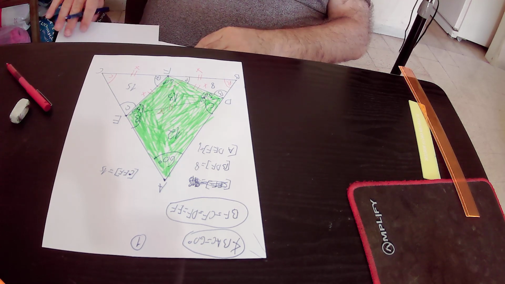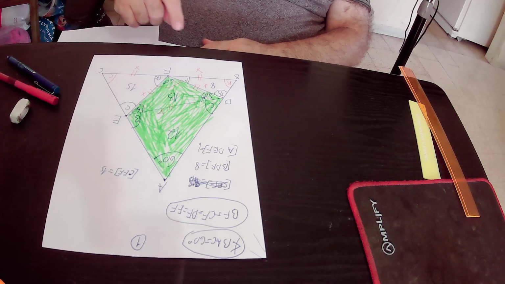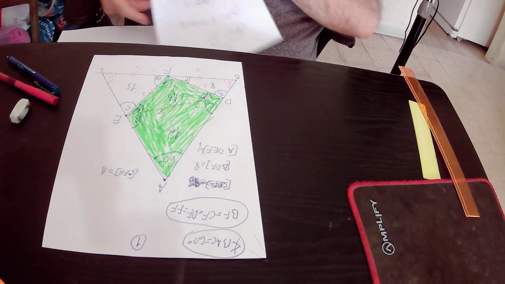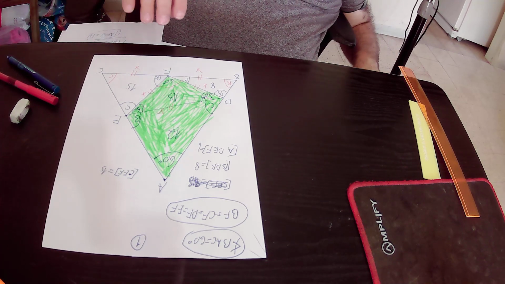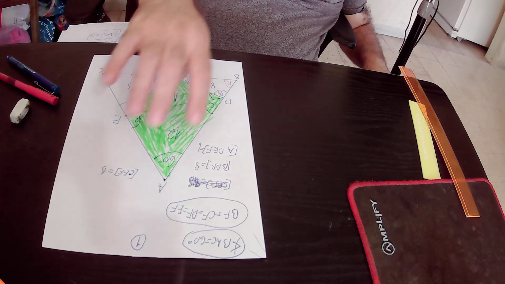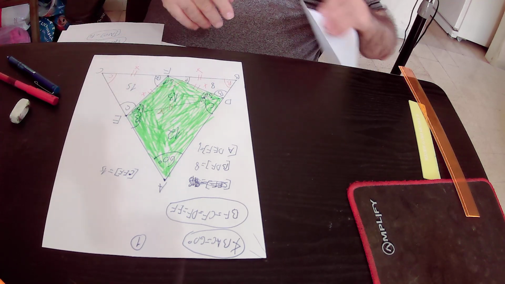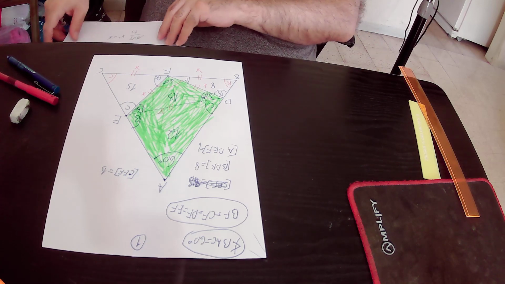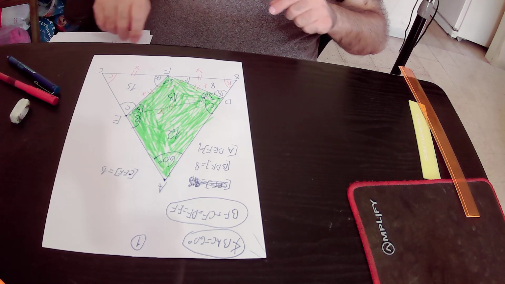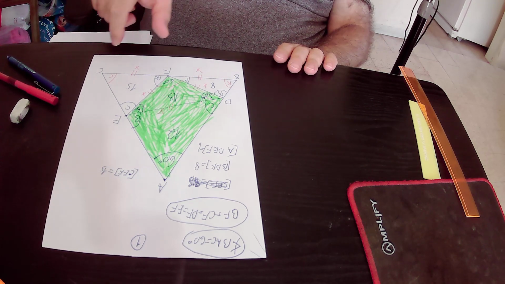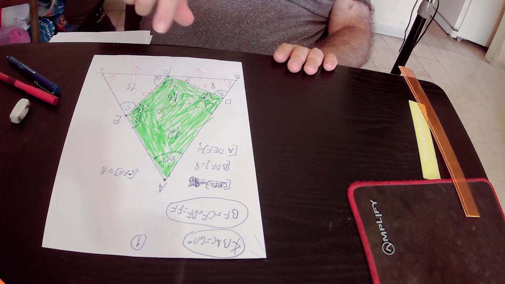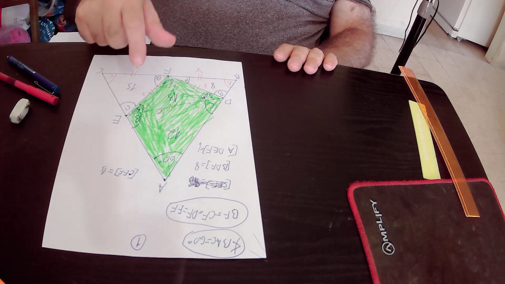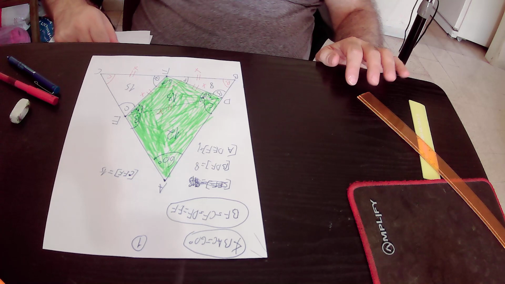Okay, now I'll summarize the lecture. We wanted to find the area of the green shape ADEF, and we know that angle BAC of triangle ABC equals 60 degrees, and we also know that PF equals CF equals DF equals EF.